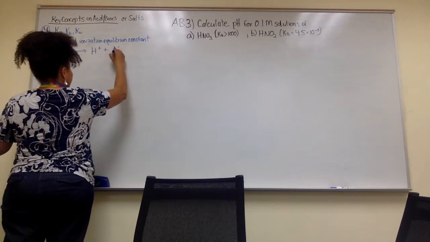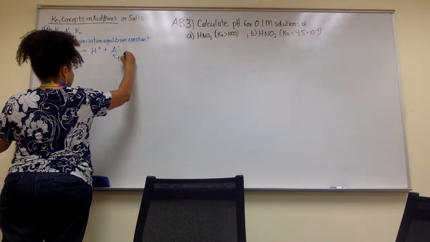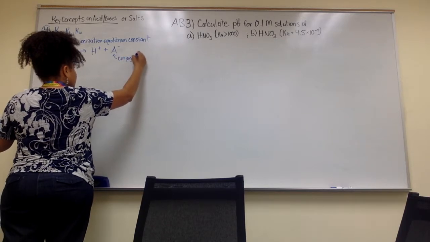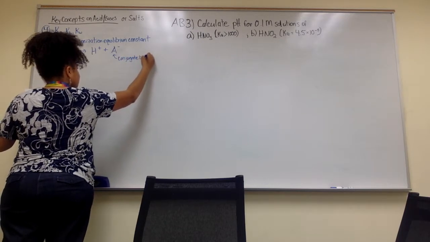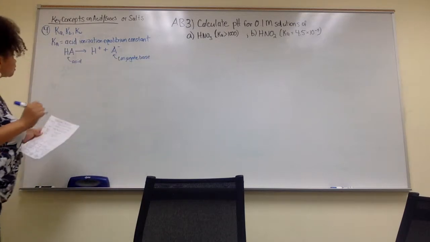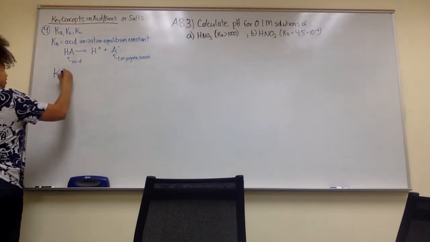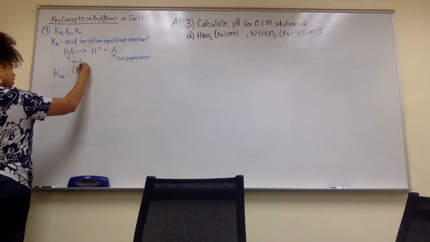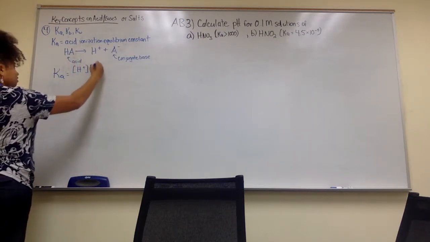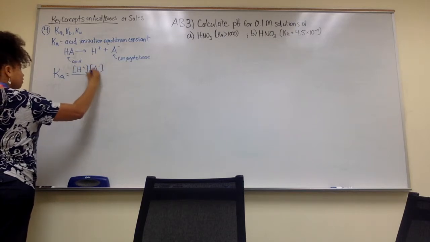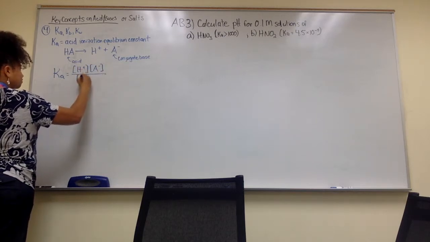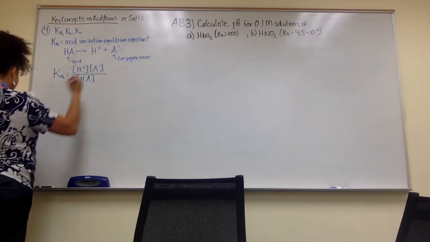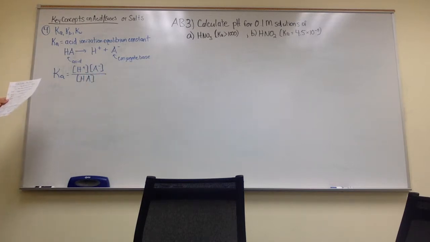And A minus is the conjugate base. So those are our key players. Ka is calculated by taking the concentration of the products over the concentration of reactants. And so that's what we want to keep in mind.